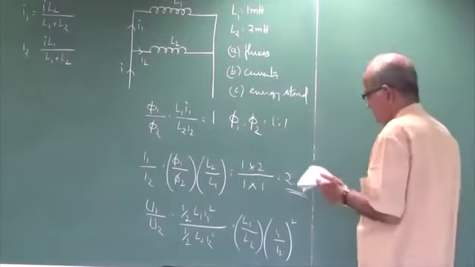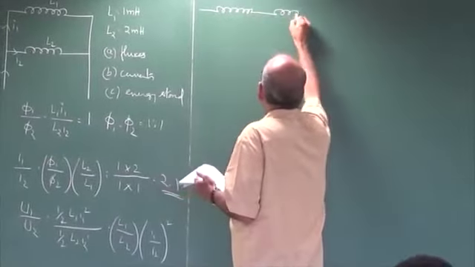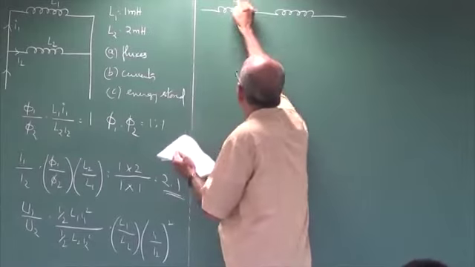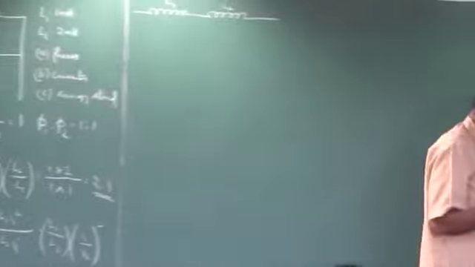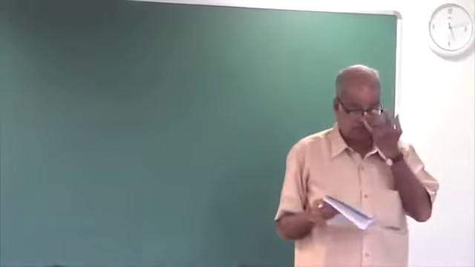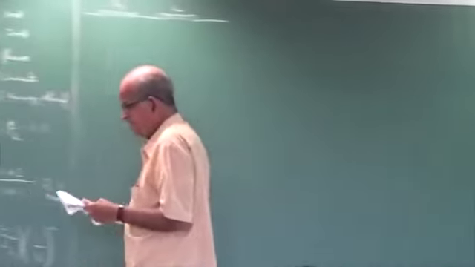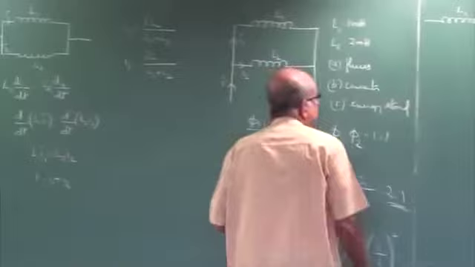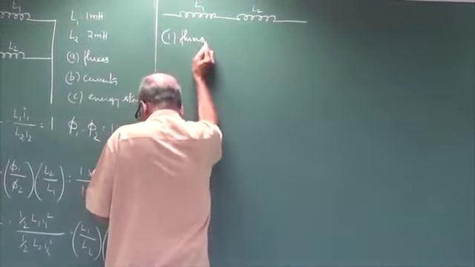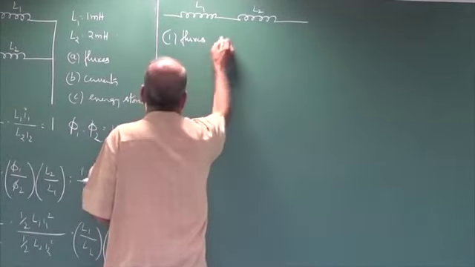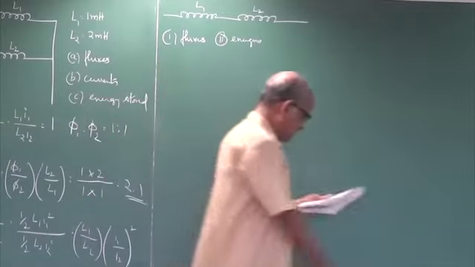Next. For two non-interacting series connected coils of inductance L1 and L2, find the ratio of fluxes. Find the ratio of energy in L1 and L2.